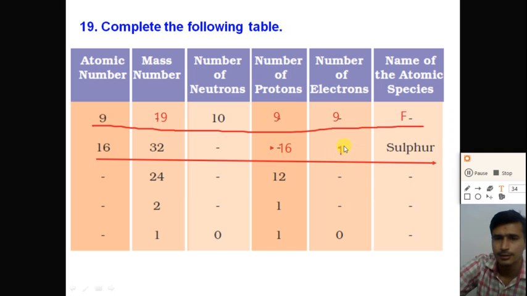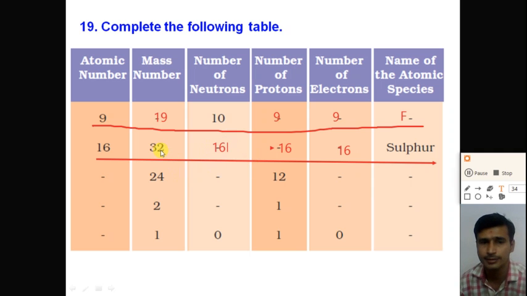So write here 16, 16, and mass number gives the total number of protons and neutrons. So how can we calculate the number of neutrons? The number of neutrons is equal to mass number minus atomic number. So 32 minus 16, again we get 16. So the element with atomic number 16 and mass number 32 is sulfur.